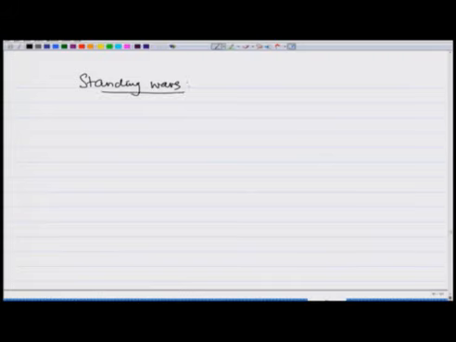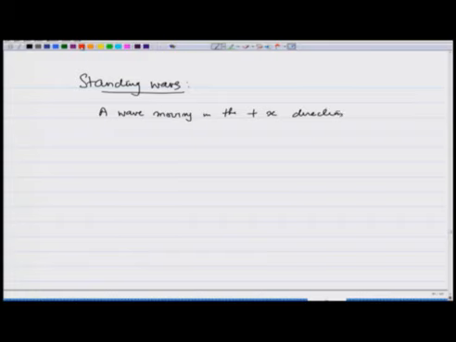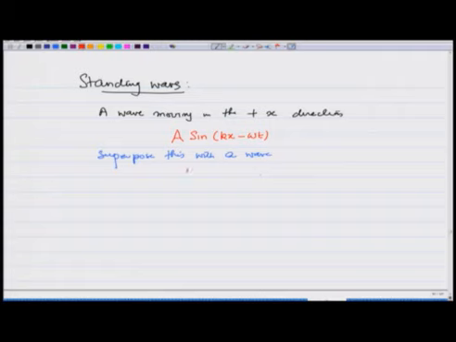So, to understand the standing waves, let us consider a wave moving in the positive x direction, and this would be amplitude times sine kx minus omega t, and superpose this with a wave of the same amplitude, a sine kx plus omega t, traveling in the negative x direction.